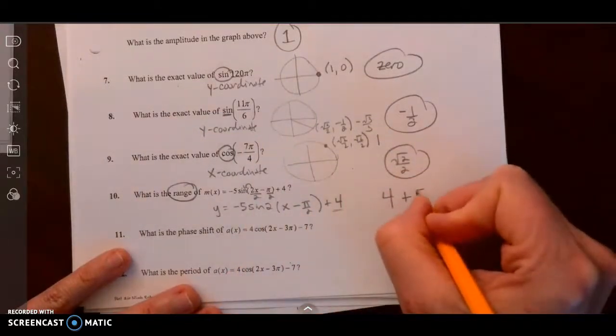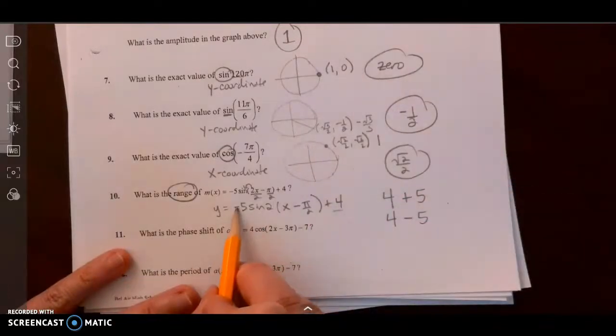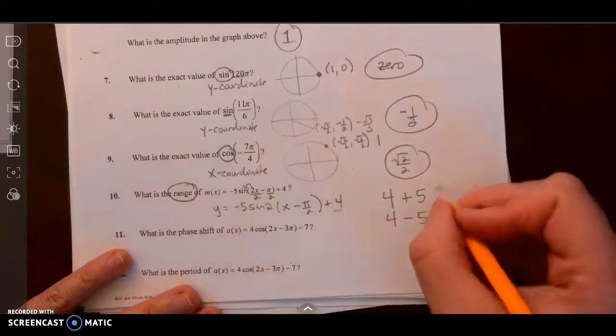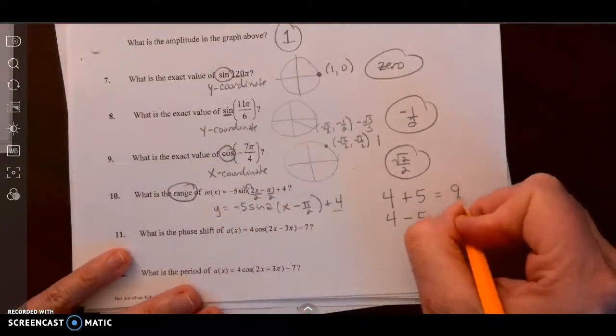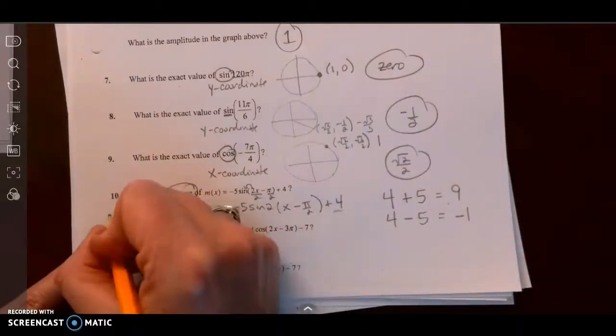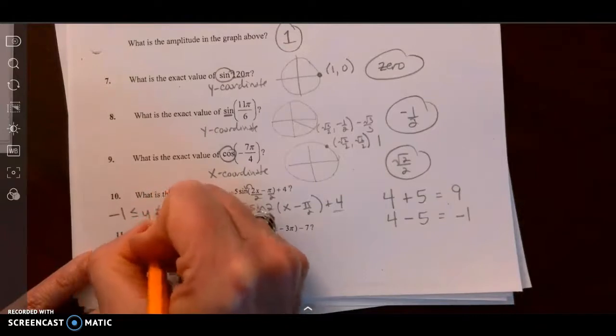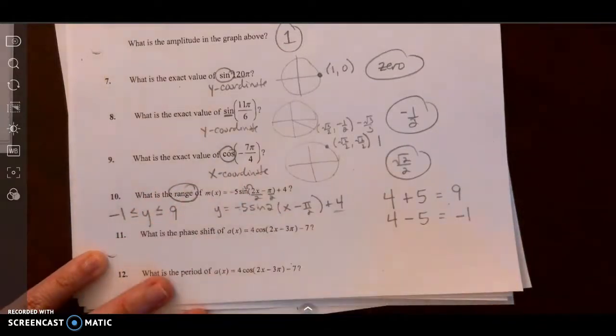So 4 plus 5 or 4 minus 5. This negative really doesn't matter. It just tells me that my sine curve is turned upside down, but the amplitude is still up and down 5. So 9 is the high, negative 1 is the low. So my range is negative 1 is less than or equal to y is less than or equal to 9.